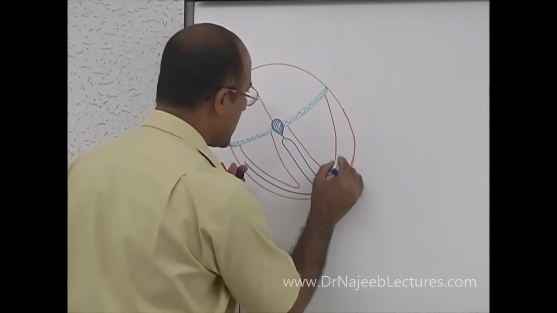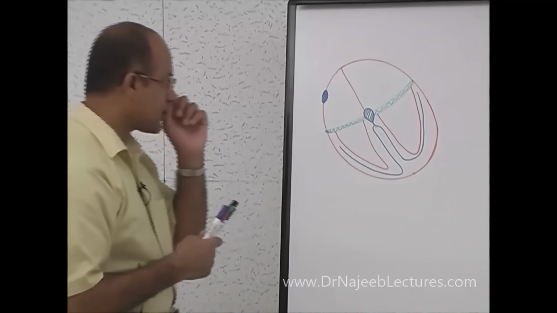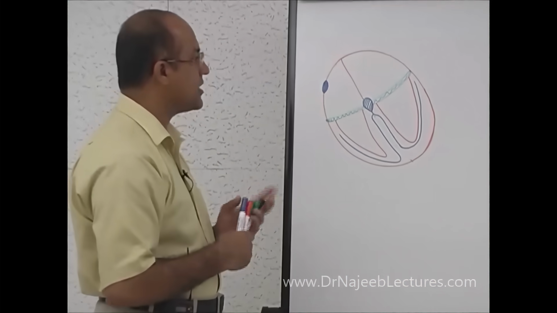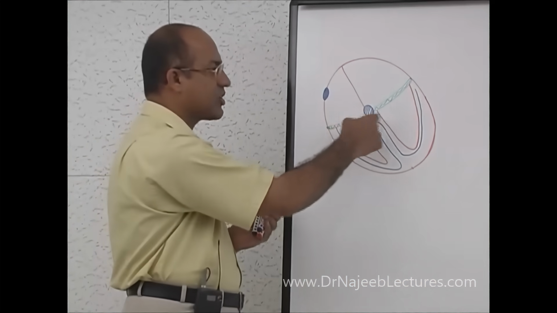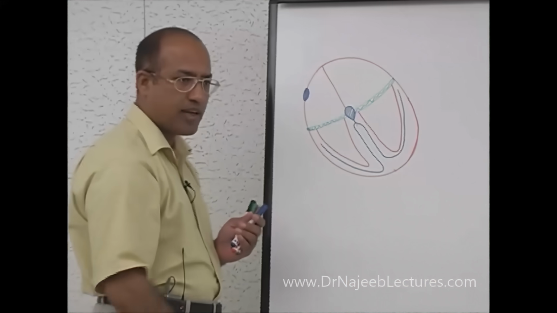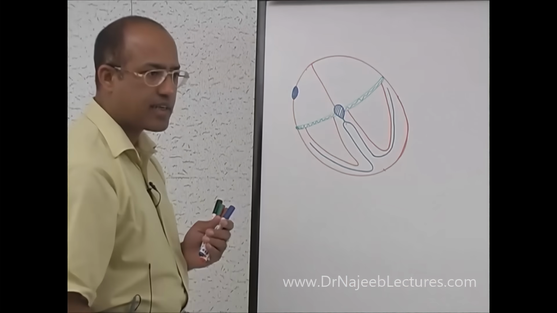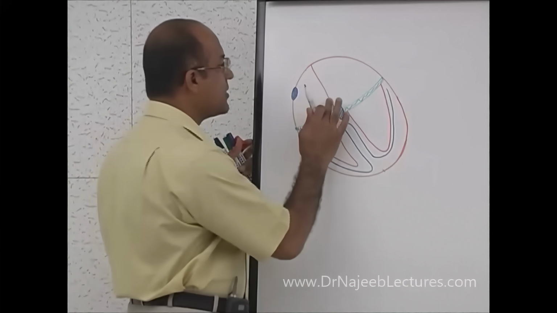This should be more near the endocardium. Now, what is the concept of junctional tachycardia? Junctional tachycardia means that there is something wrong at the junction. It means around or near the AV node. And there is some pathology here which is precipitating tachycardia. Now, how does it really happen?